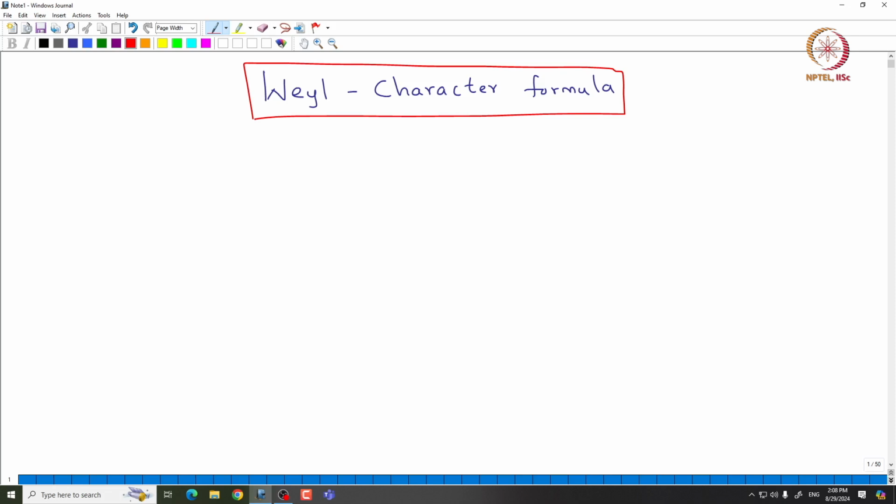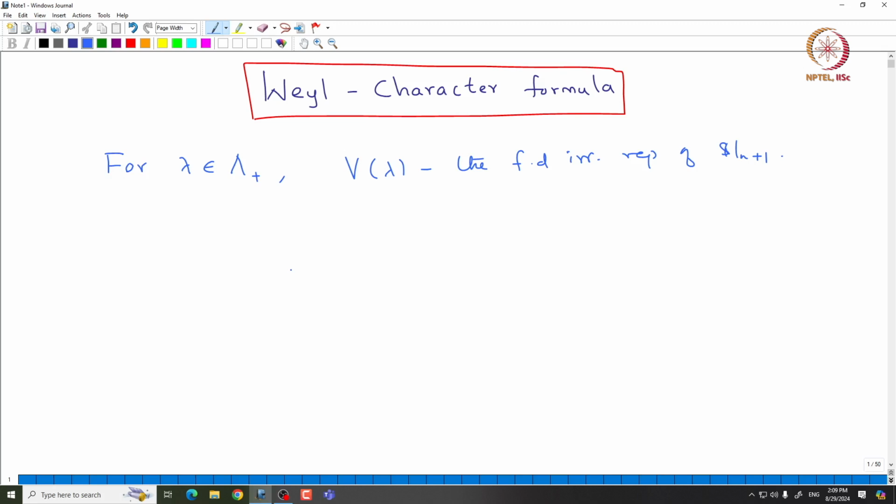So, let us start with a dominant weight lambda. For lambda dominant, we have this finite dimensional irreducible representation V of lambda of SL N plus 1.